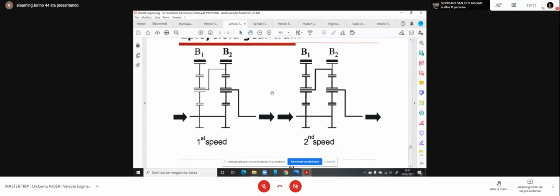You don't need the mesh in the traditional way, but you can simply use clutches, so friction, on the external part of the crown or the other device. Anyway, you have clutches in between these single rotational parts of the gear. And so you don't need any kind of absorbing rotational speed and engaging gears physically, because the gears are always in contact all the time.